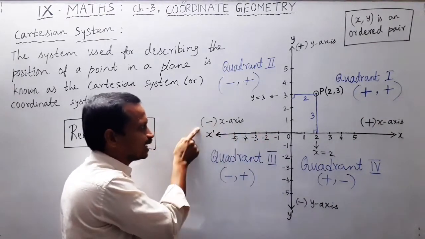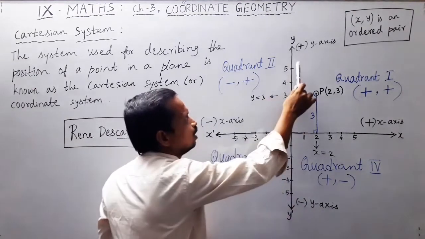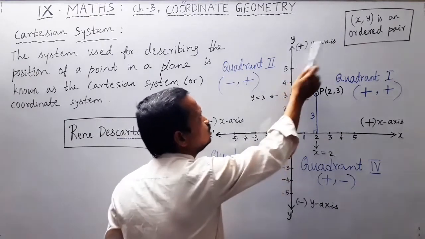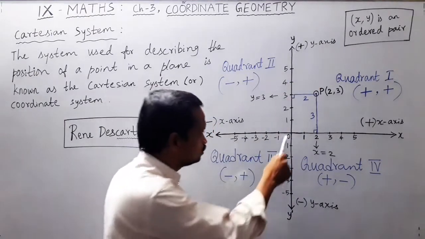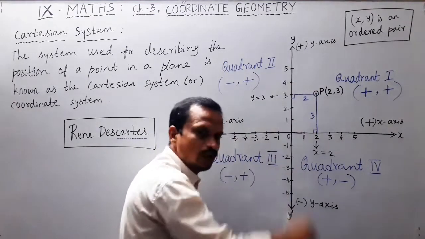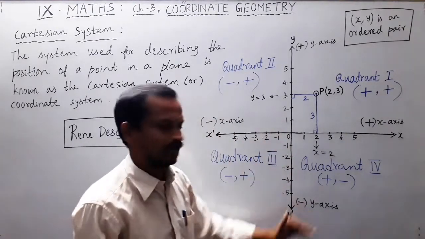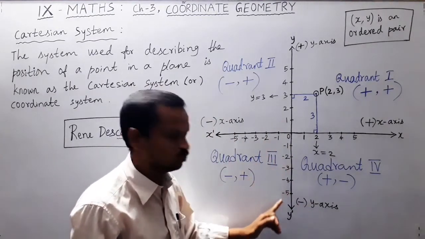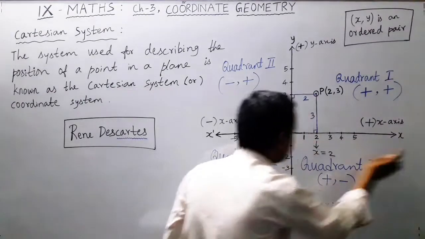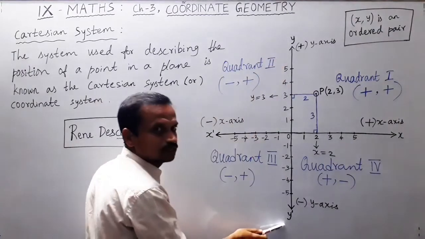So this is the negative x-axis. Here is the vertical line, and from 0 to the positive values 1, 2, 3, 4, 5, that is the positive y-axis. On the negative side, that means downward, the downward part of the y-axis is the negative y-axis: -1, -2, -3, -4, -5. We name it accordingly: x dash, y dash.